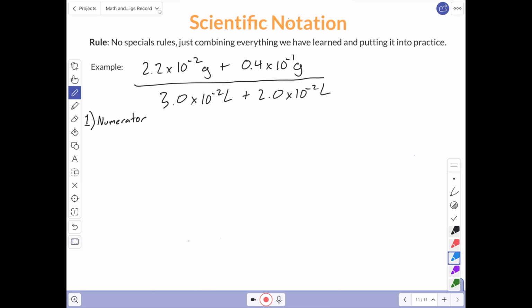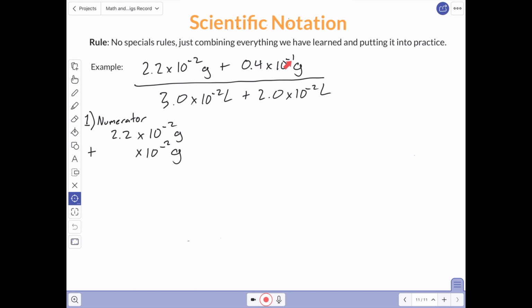So, let's just stick with the exponent of negative 2. 2.2 times 10 to the negative 2 grams. We need to add that to a number with the same exponent, times 10 to the negative 2 grams.